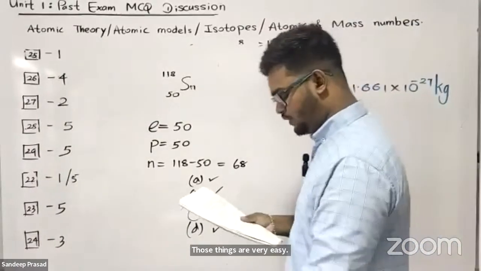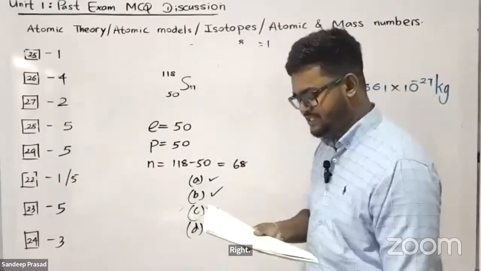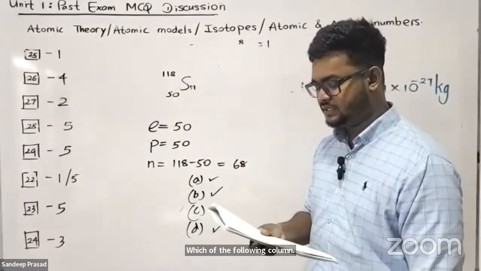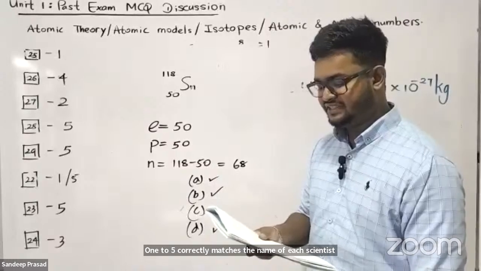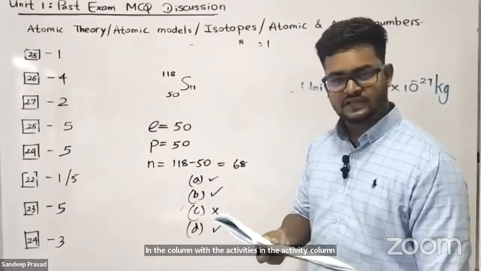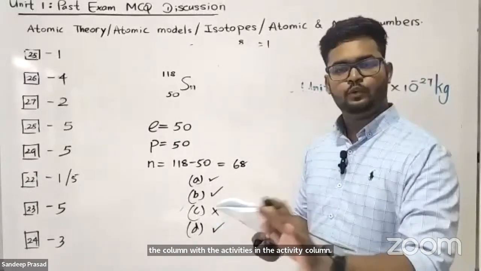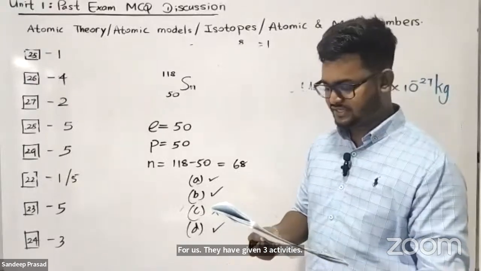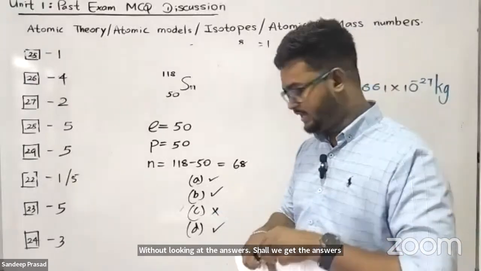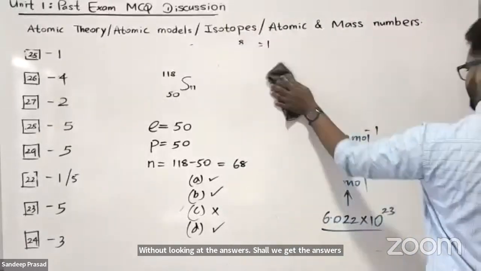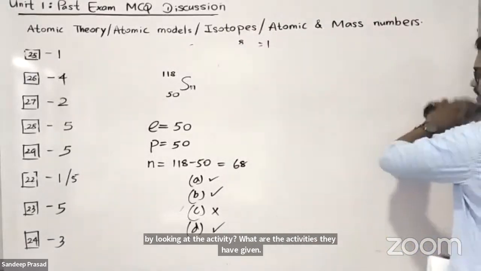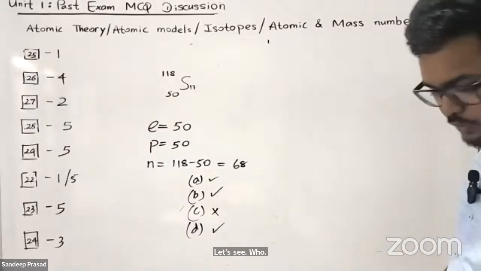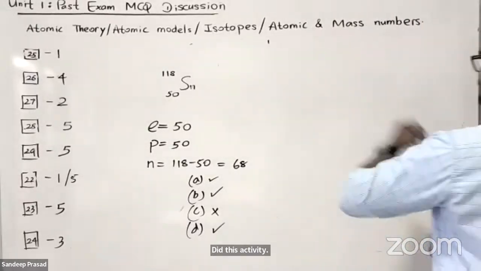Which of the following columns 1 to 5 correctly matches the name of each scientist with the activities in the activity column? Students, they have given 3 activities. Without looking at the answers, shall we get the answers by looking at the activity? Let's see who did this activity or who contributed to this one.